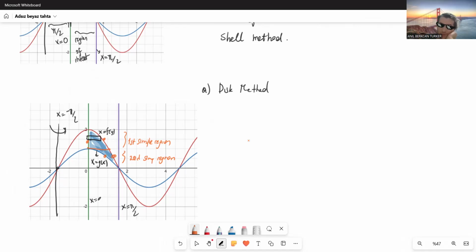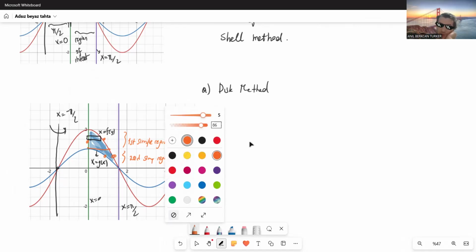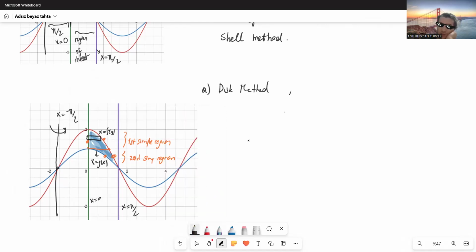First, let us change y equals 2 cosine x to x equals some function of y, which is very easy. x is equal to arc cosine of y over 2. Y equals cosine x means x is equal to arc cosine y.